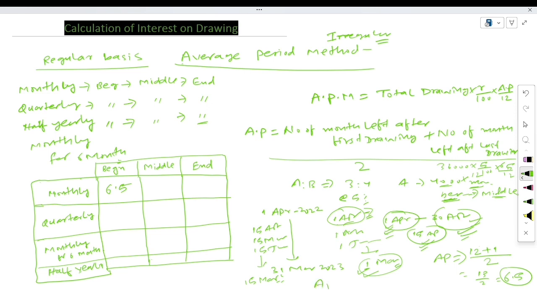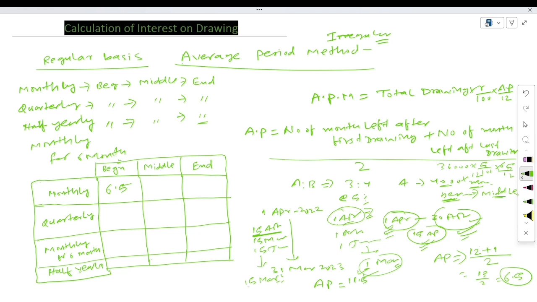Then what would be the average period? See here. What is the formula of average period? Number of months left after first drawing. Here your first drawing is happening when? 15th April. It means how many months will be left here for the calculation of interest? 11.5 months, not 12 months, 11.5 months. And months left after last drawing.